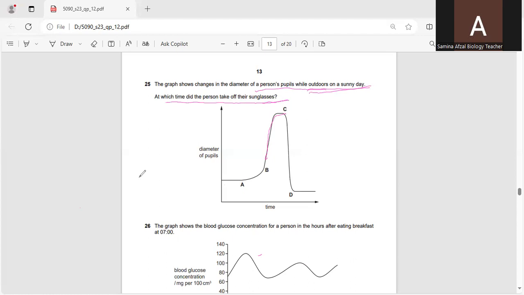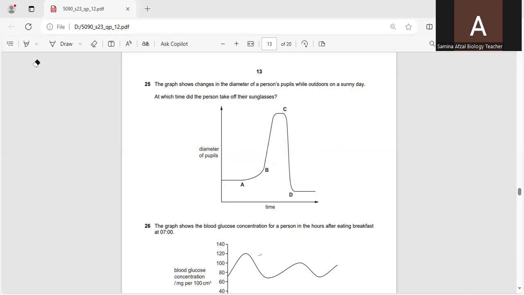It means he will take off sunglasses at C, when the diameter is going towards small in size. So here they will take off their sunglasses.